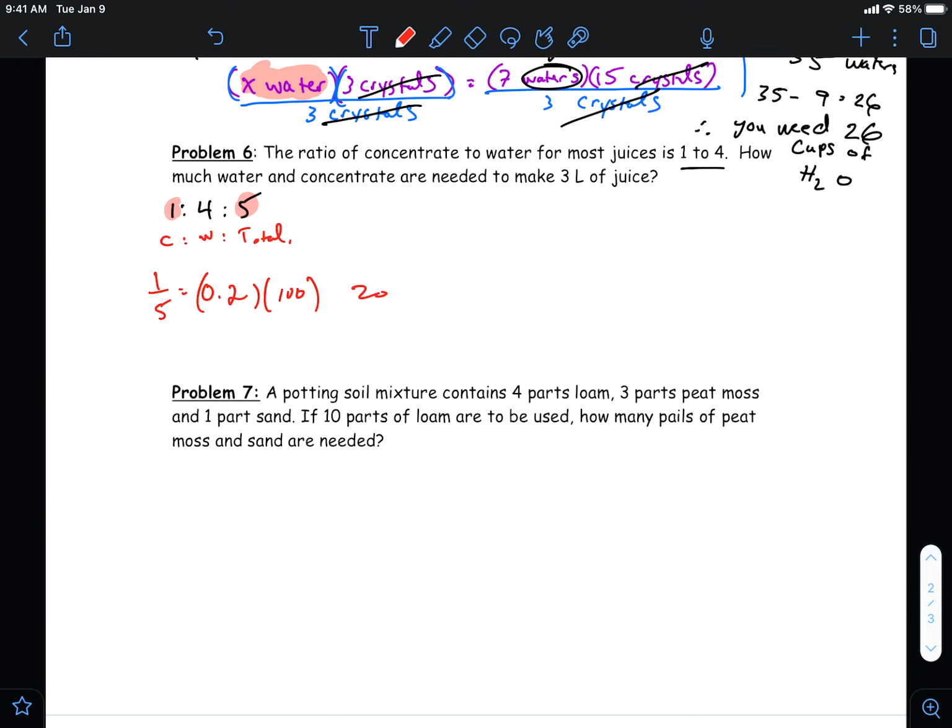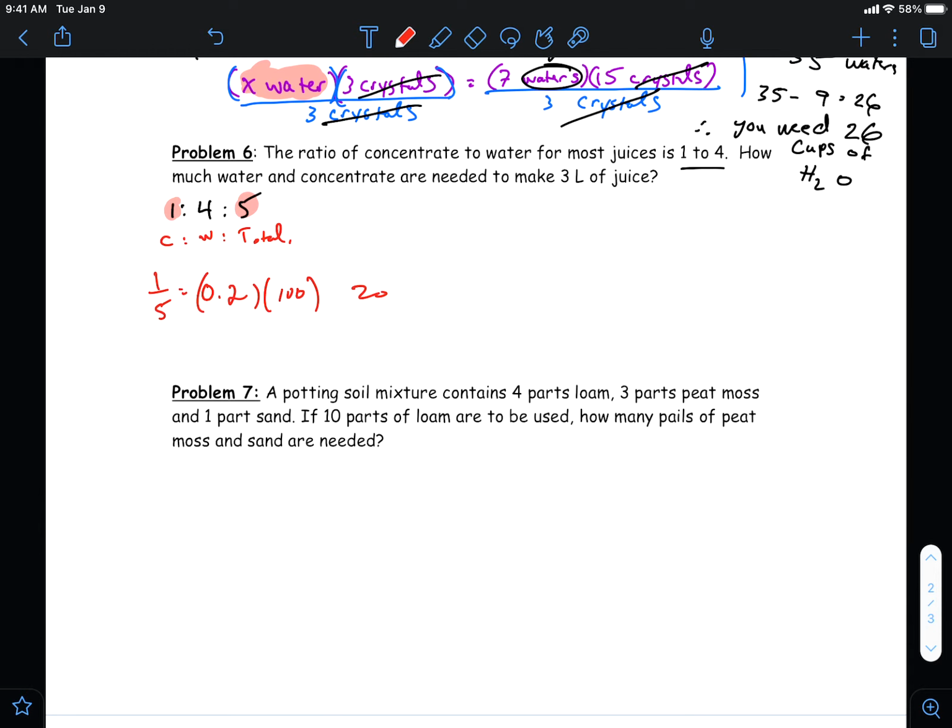The nice thing about doing this is it doesn't matter how much of a mixture you want to make. Whether it's lemon juice or lemonade or something like that, in order to maintain how much lemony flavor there is, you know that the concentrate has to be 20% of the total volume.